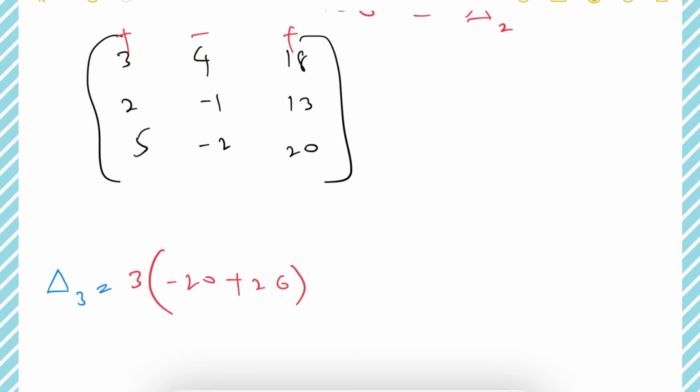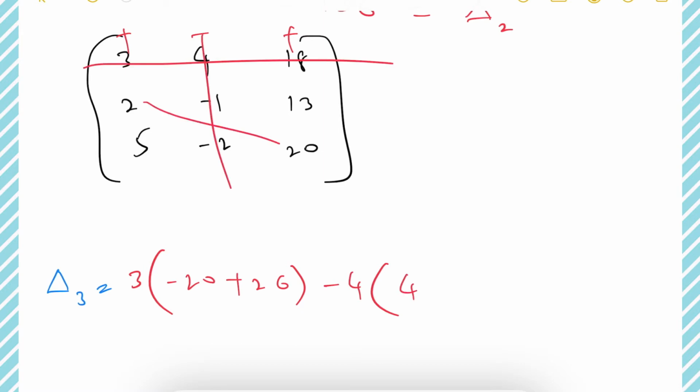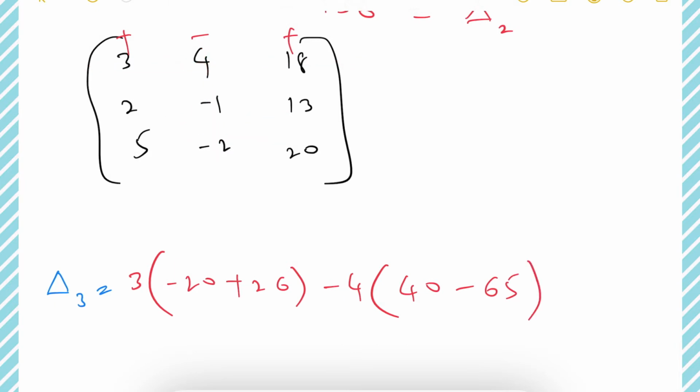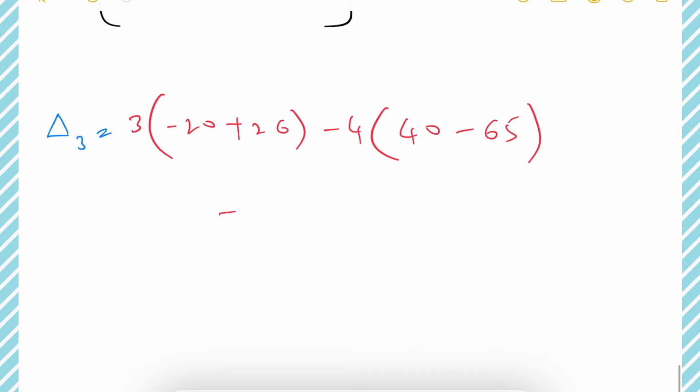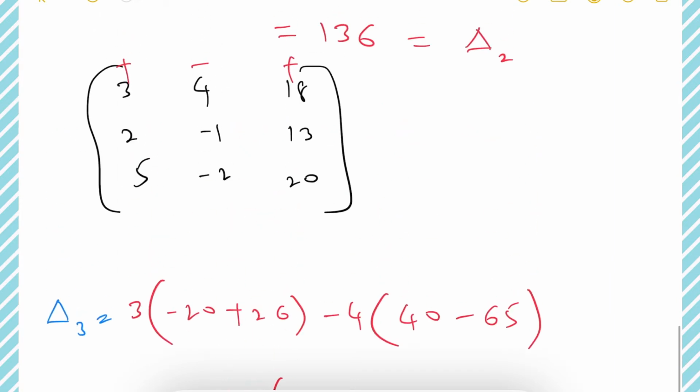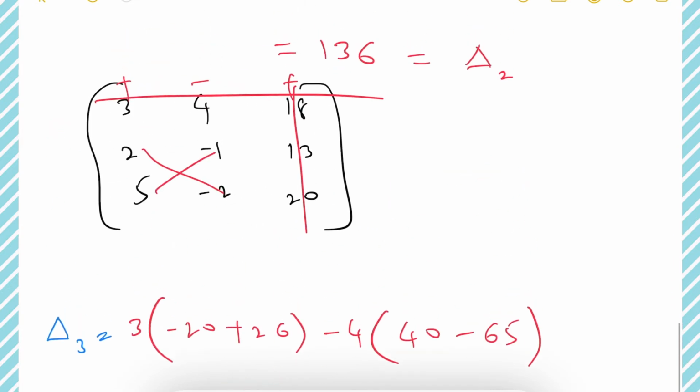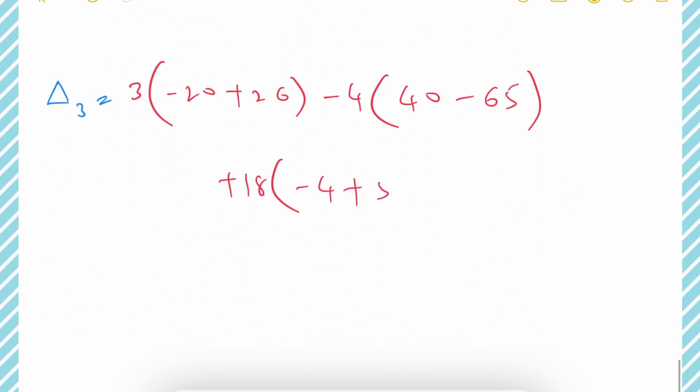Then next minus 4 into, if we remove the row as well as column, 2 into 20 40 minus 5 into 13 65. Last one plus 18 into, if we remove that column as well as row, 2 into minus 2 minus 4 minus 5 into minus 1 minus 5, already minus is there, so it will become plus 5.